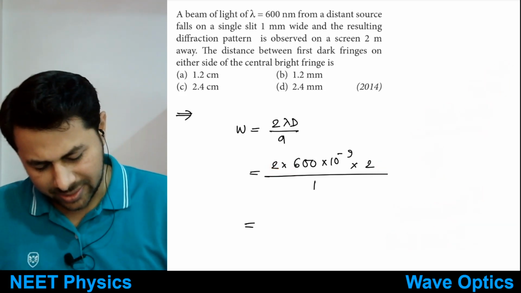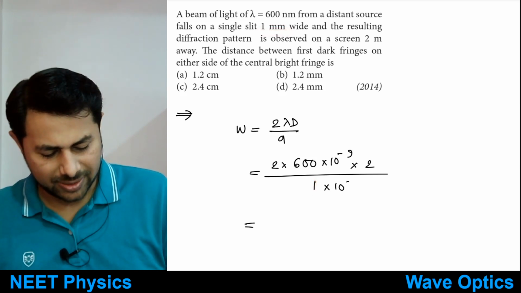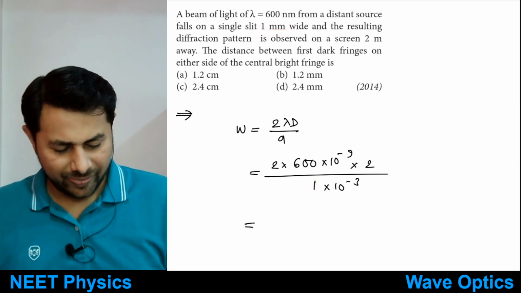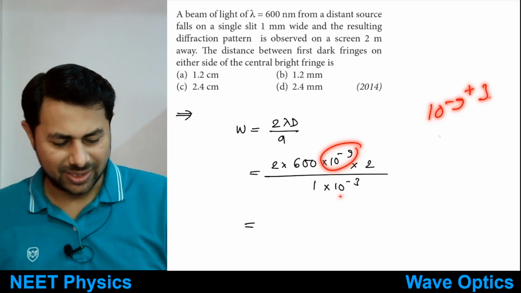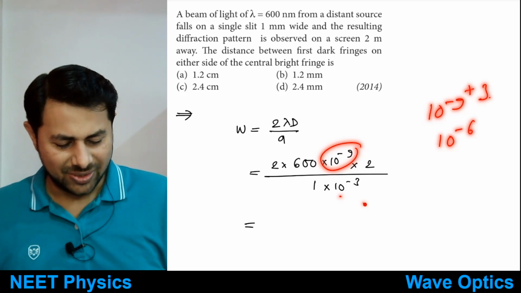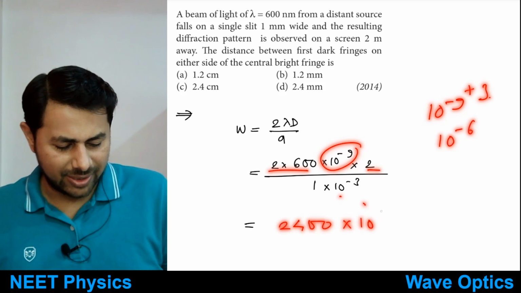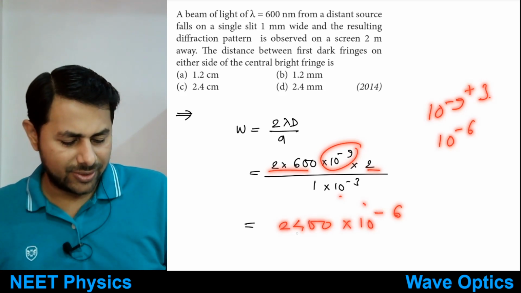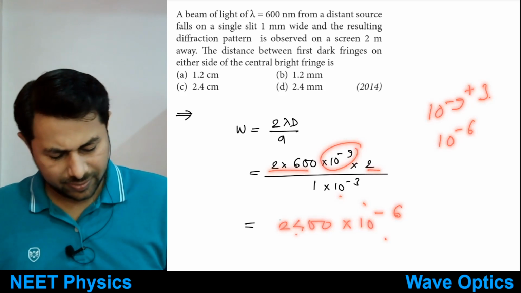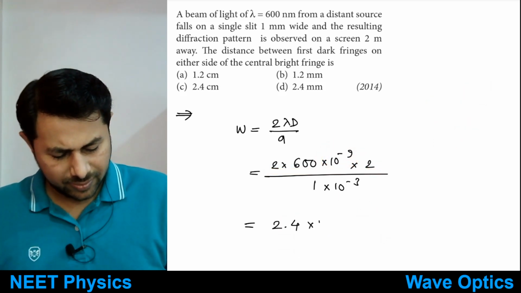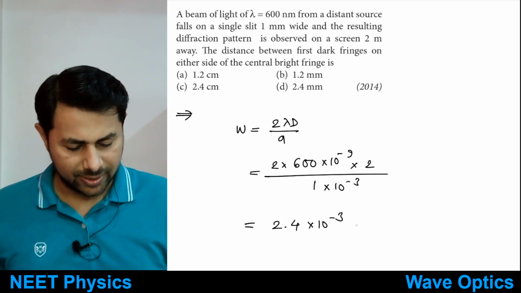Yeah, this is 1 mm, no? This is 1 mm. So 10 raised to minus 3. Okay, 10 raised to minus 9, this would be plus 3. So that is 10 raised to minus 6. Okay, then this is 2400 multiplied by 10 raised to minus 6. So it is 2.4 into 10 raised to minus 3 meters.